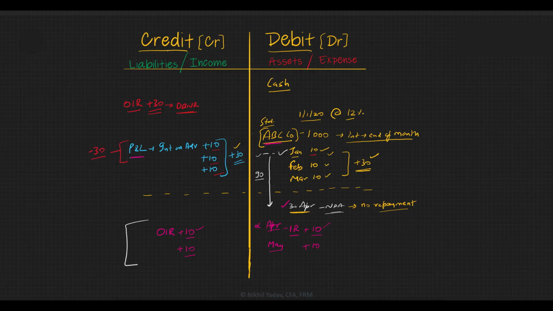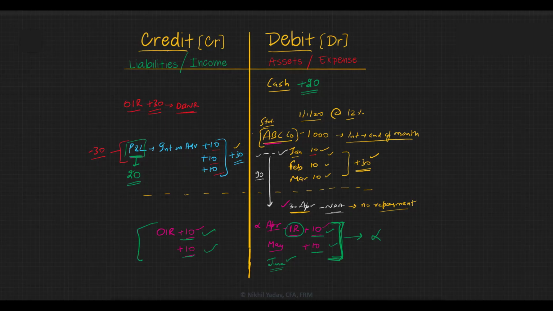Now we'll see what happens to these contra entries once we actually receive some cash. Let's say in the month of June, the borrower deposits a cash of 20. So we'll debit the cash by 20 and correspondingly book an interest income in the P&L by crediting it by 20. And at the same time, since we have received this 20 that we were keeping track of by creating contra entries, we can now nullify these entries since these dues have been paid by the borrower.